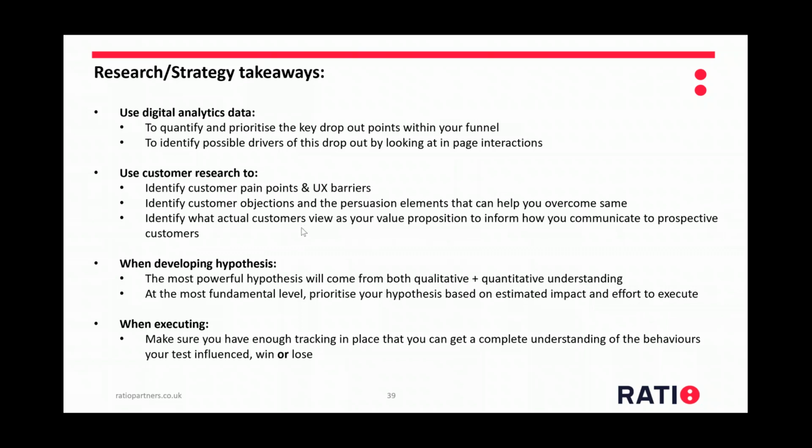So everything I said before around using customer research to find objections, to find what works well in overcoming those, and to find out what customers view your value proposition to be: use both of those things to develop and prioritize your hypotheses, and make sure you've got tracking in place so that you know why your experiment won or lost.